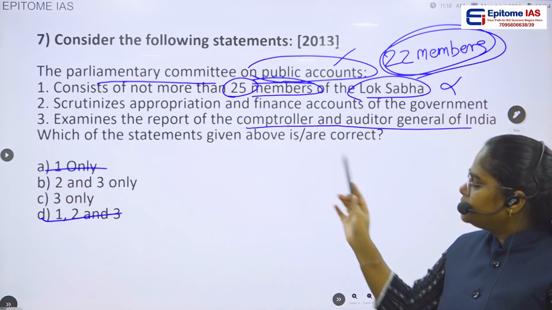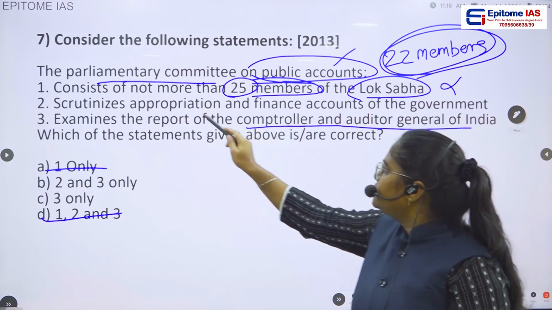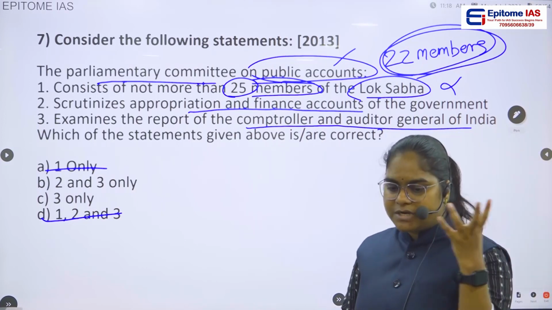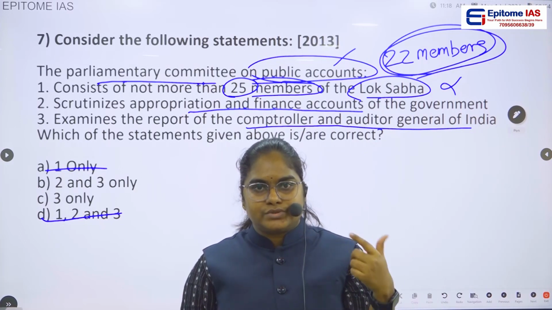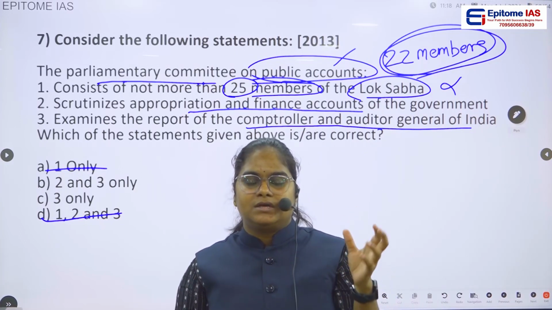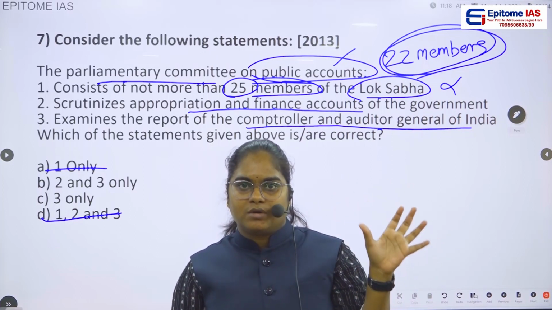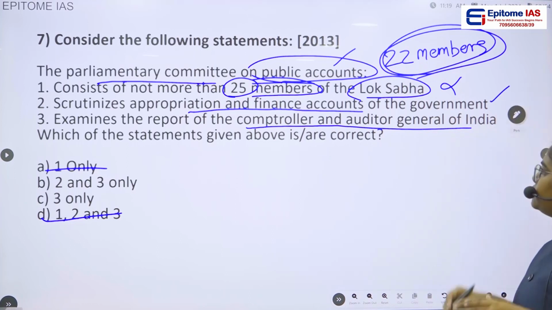And if you see statement 2, it scrutinizes appropriation and finance accounts of the government. Yes, the major purpose of this particular committee, the Committee on Public Accounts, is to scrutinize, to examine the accounts, the appropriation account and the finance account of the government. So this is one of the purposes of the committee.